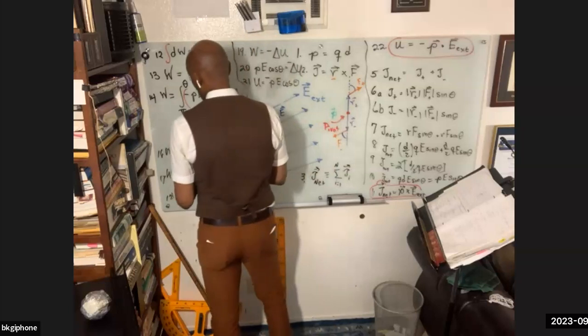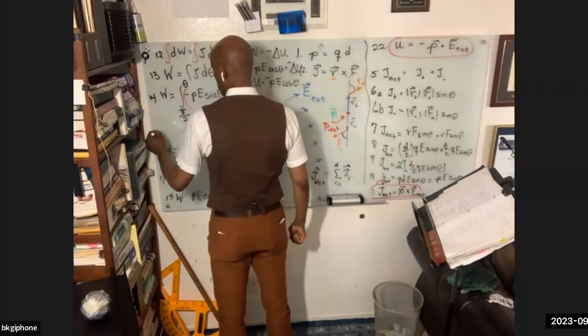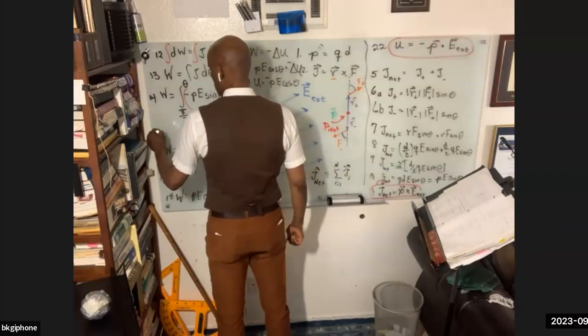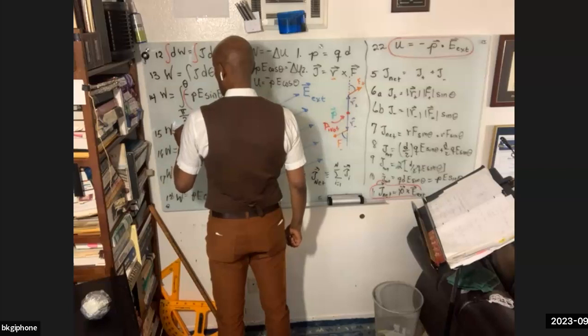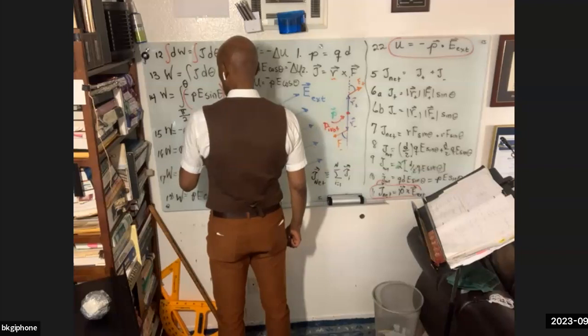And so in this case, it actually would be 0 in the next interval then. So I'm going to get work is equal to, so this stuff comes out, negative PE, and then that's going to be an integral, because cosine. So we get a cosine of theta goes from pi over 2 to theta.